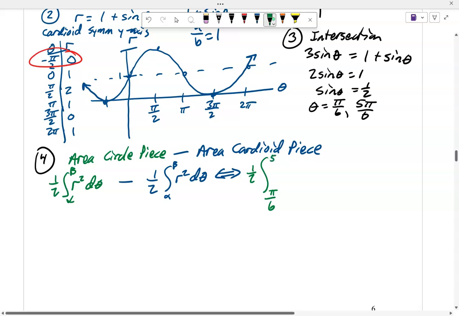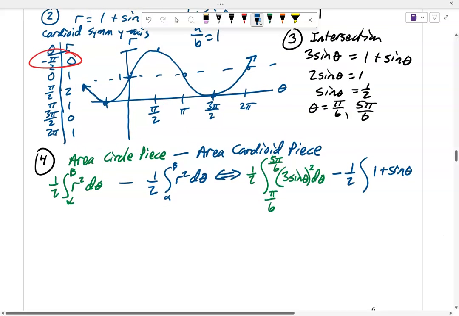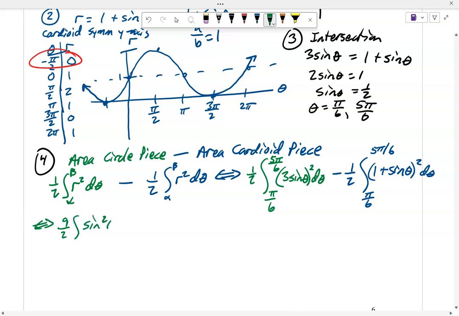Going from pi 6 to 5 pi 6. My r is 3 sine of theta, so that'll be squared. And then minus the cardioid, which is 1 plus sine theta. So 9 halves sine squared d theta.